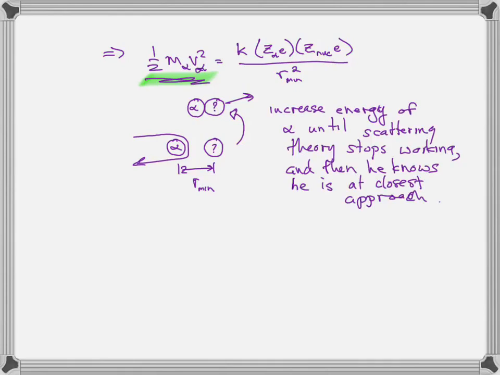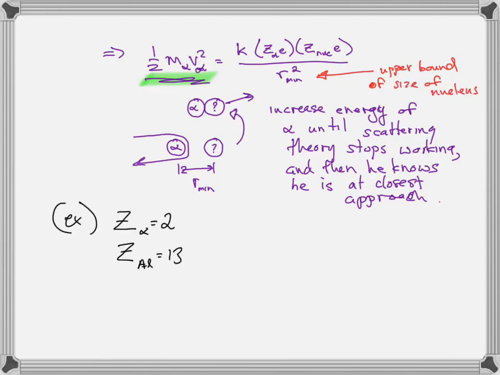That allows him to determine that minimum closest approach, and that gives him an upper bound on the size of the nucleus. That's why he knows that the size of the nucleus is less than 10 to the minus 14 meters, because he plugs in all his numbers.